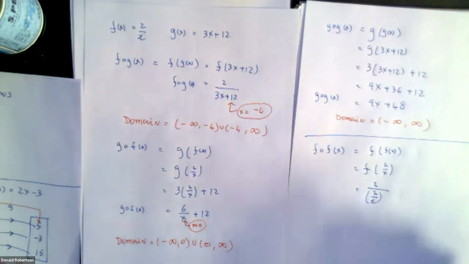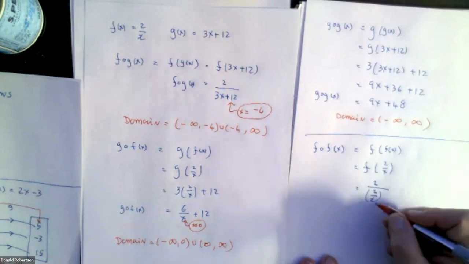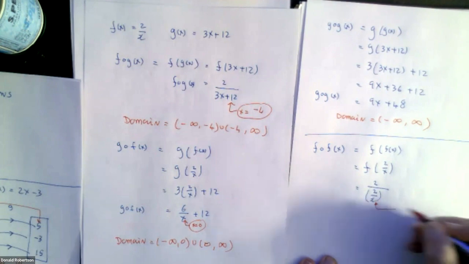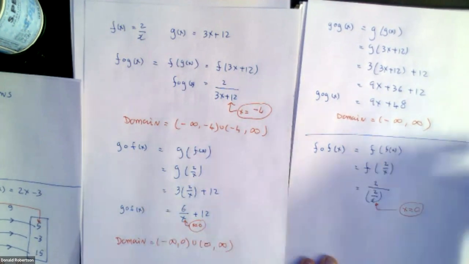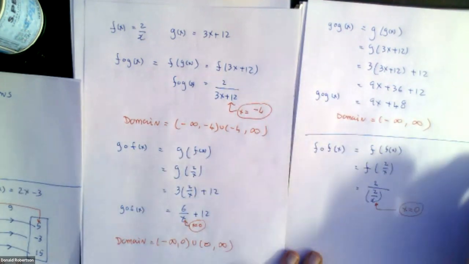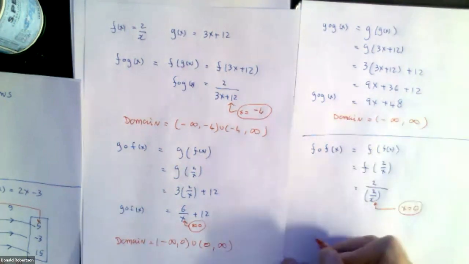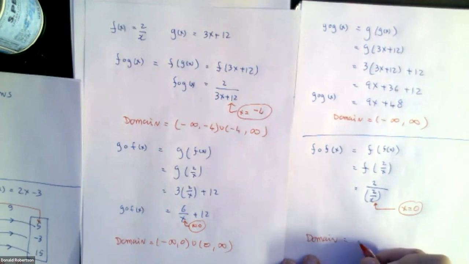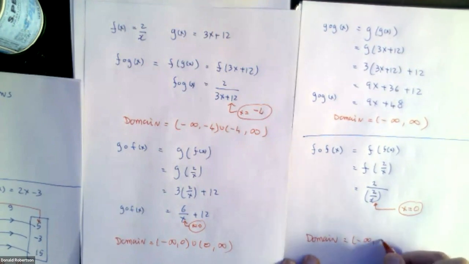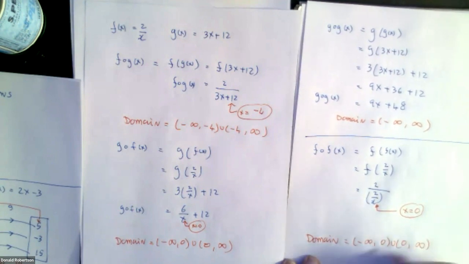But I'm also going to be aware that there is a problem. Would you agree that x equals 0 is a problem? Because 2 over 0 is going to make that bottom weird, and we can't use weird. So I already know what the domain is, even although I haven't simplified it. In fact, sometimes it's a good idea to look at domains before you have simplified your answer. So any value of x except 0 is your domain.